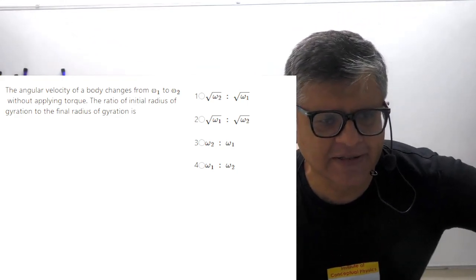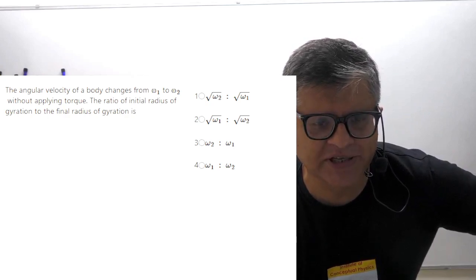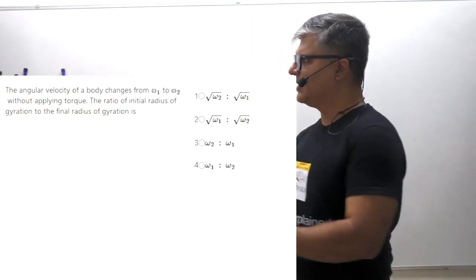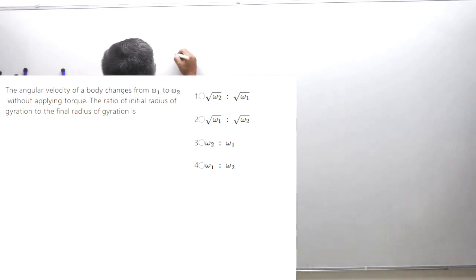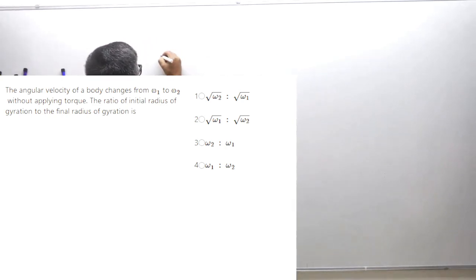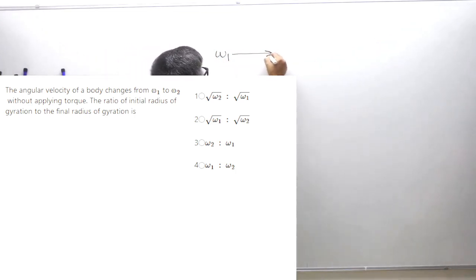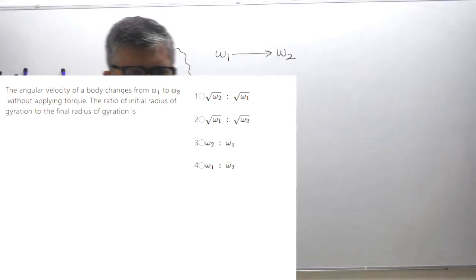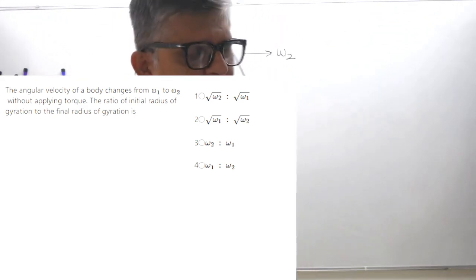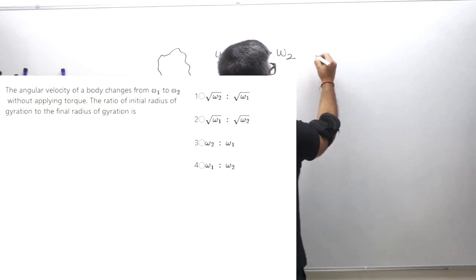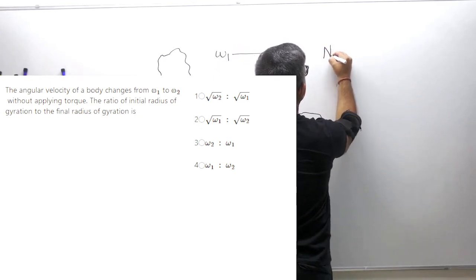It says that the angular velocity of a body changes from omega 1 to omega 2. So you have some rigid body, and this rigid body, for all you know, could look like this. Its angular velocity changes from omega 1 to omega 2. And then this happens without applying a torque.